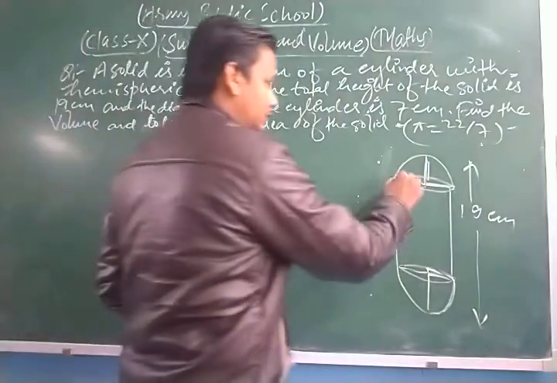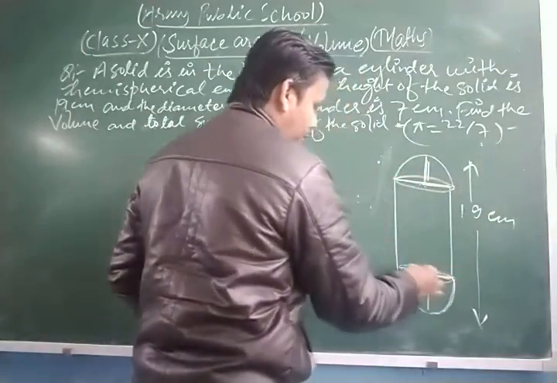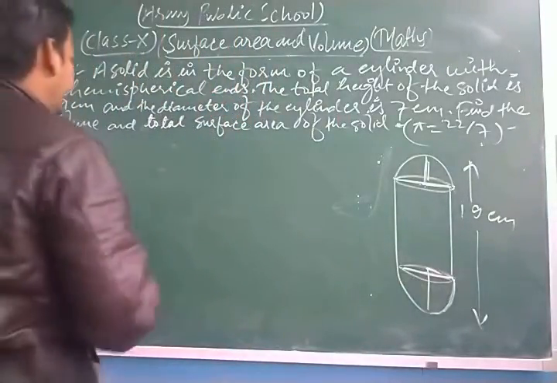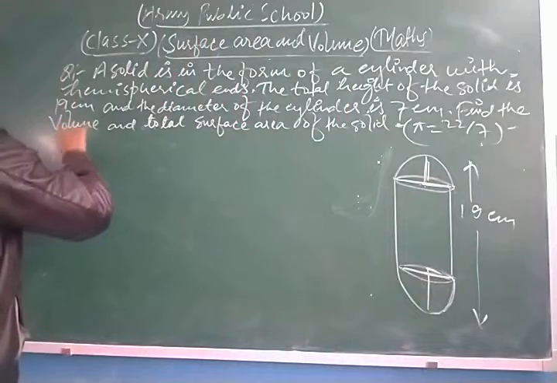Now look, the diameter of the cylinder is the same as the diameter of the hemispherical ends. So the radius of the hemispherical ends is also the height of the hemisphere.